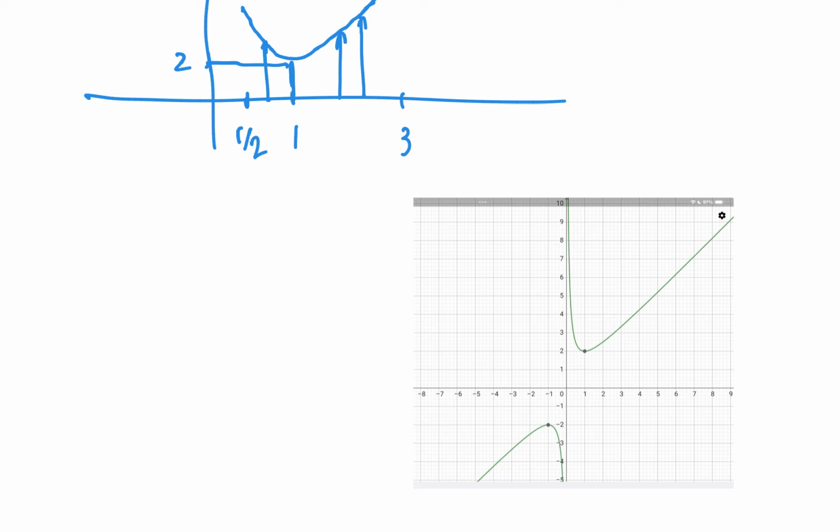And the maximum is here, the minimum is here. There is a maximum, but this one is not in the interval they say. They say from 1/2, which is here, to 3. So this is the relative and absolute minimum, at x equal 1.